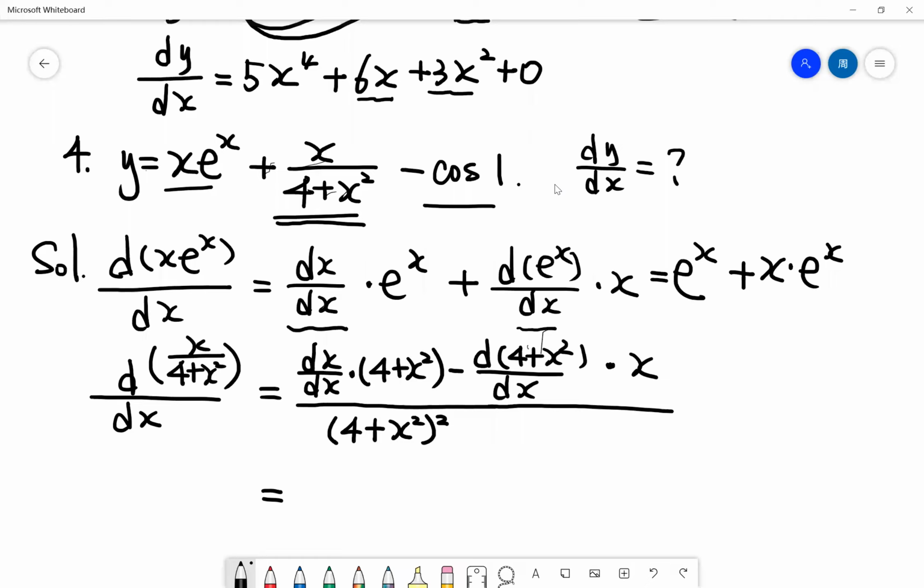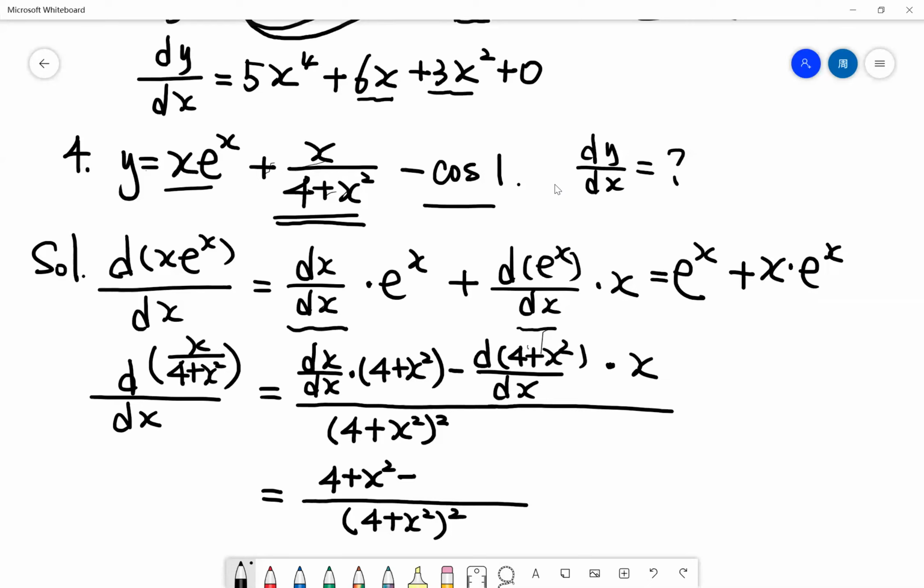So we simplify it: 4 plus x squared, outside squared, and here dx by dx equals 1, so that is 4 plus x squared, and minus here, that is 4 plus x squared.